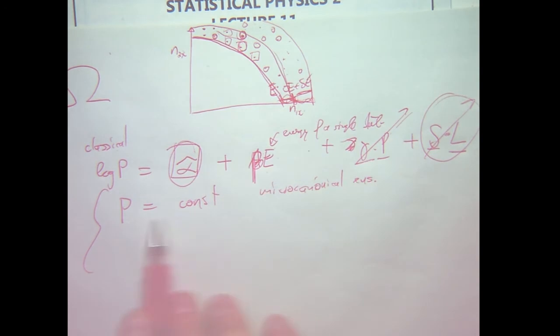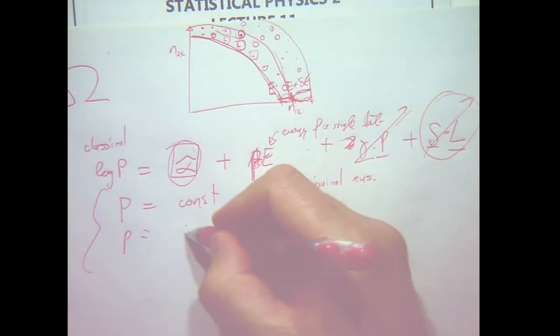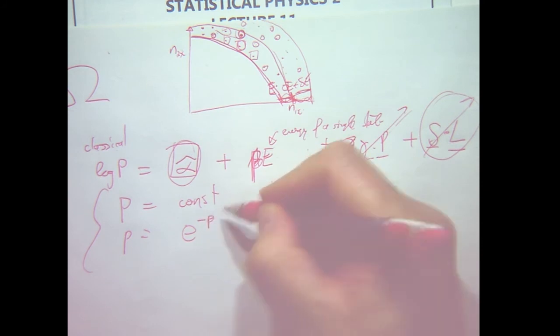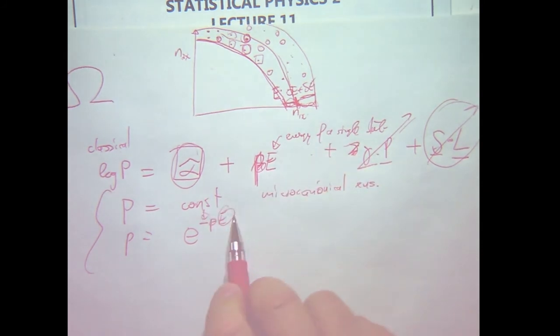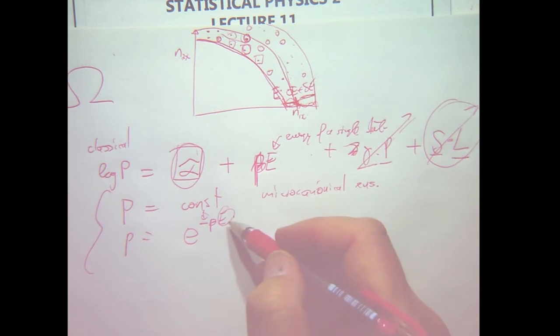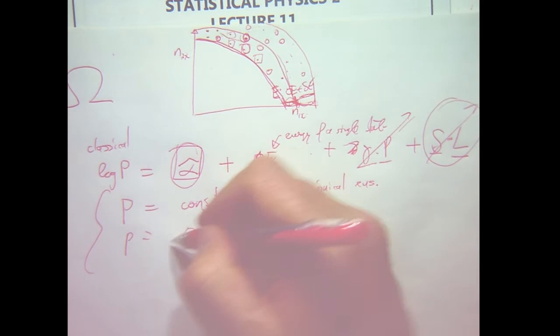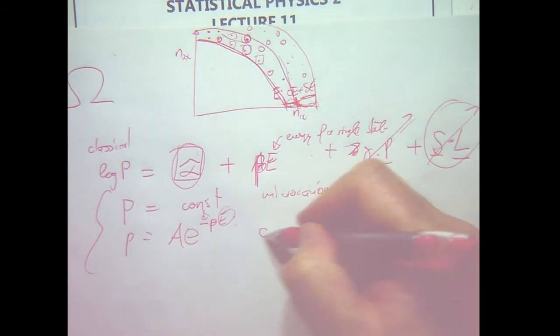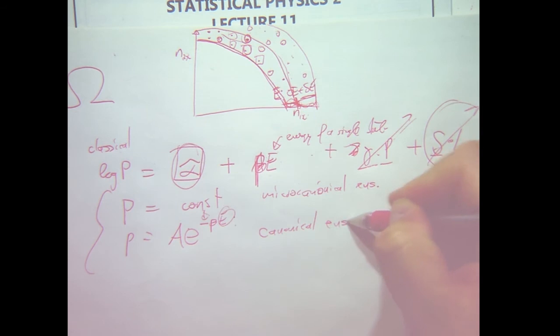And so P equals constant, and another type of situation would be P equals e to the minus beta E. We want a negative sign there because classically the energy can be, we'll define some zero for the energy, and it can be from 0 to infinity. So we want a minus sign there, and this is a constant there. This is called the canonical ensemble.